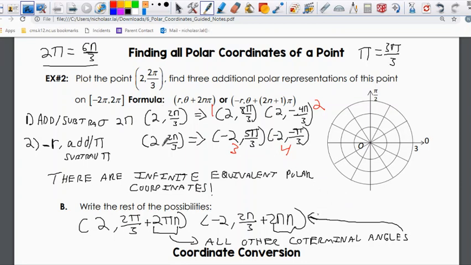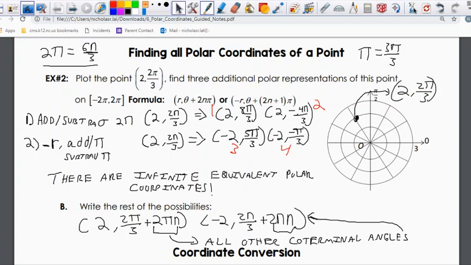All right. So by the way, the point 2, pi over 3 would be over here. So this would be the point 2, pi over 3.